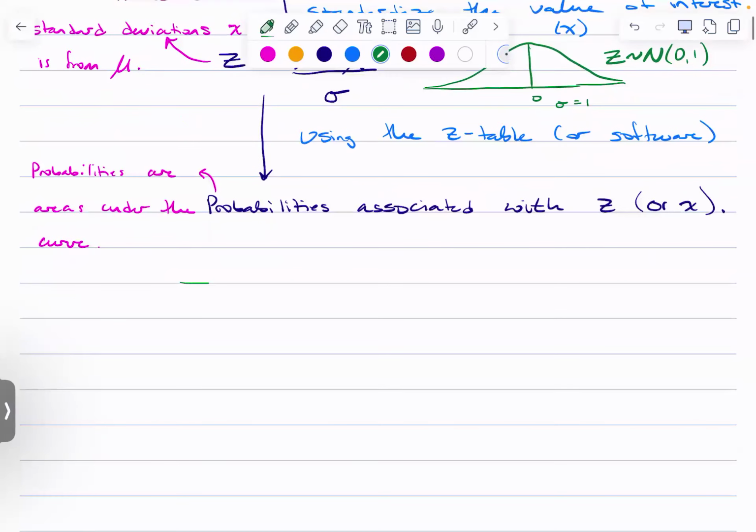For example, we have 0. The probability of being less than 0 must be 0.5, just because it's centered on 0 and it's symmetric and the total area is 1, which means that this area must be 1 minus 0.5, which is 0.5.